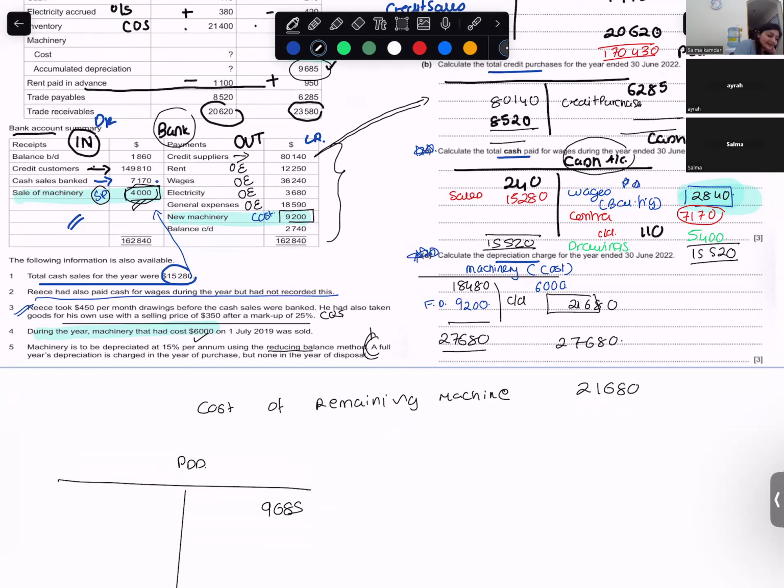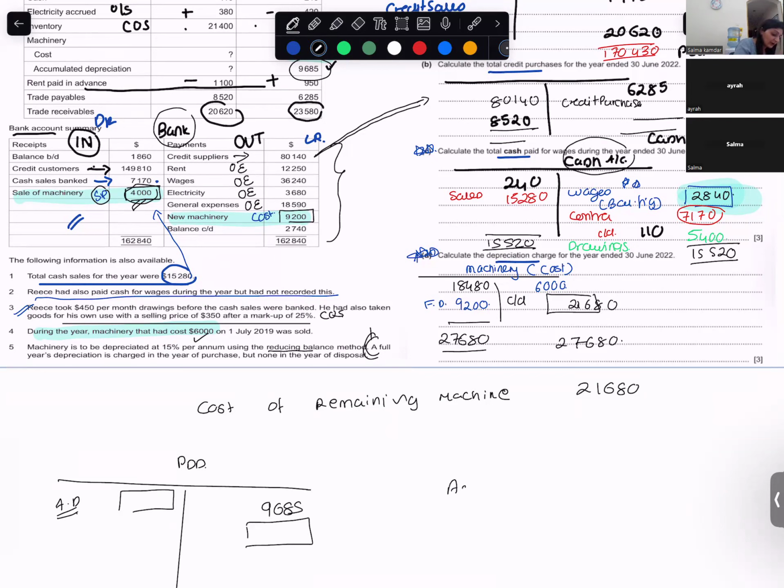Now, I want to find the depreciation of the current year, and I have to remove the depreciation of the asset that is disposed. So can you find the accumulated depreciation of the asset disposed?